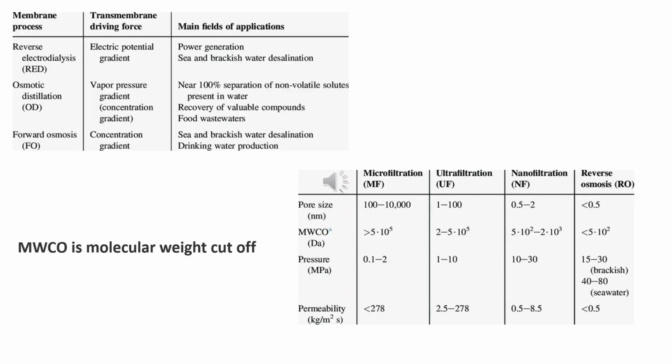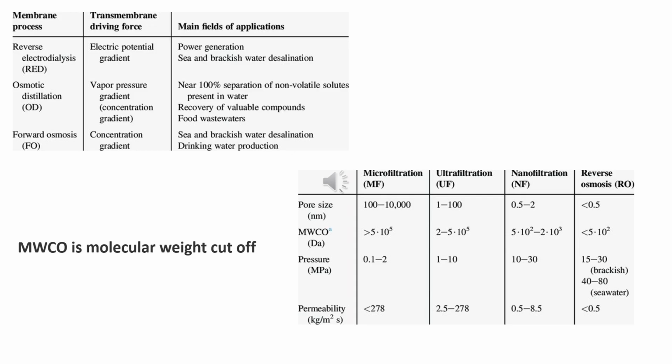The upper table here is a continuation from the previous slide. Now take a look at the table below, which shows the characteristics of the different pressure-driven membrane processes. We have a few characteristics tabulated in terms of pore size, MWCO, the pressure involved, and also the permeability.